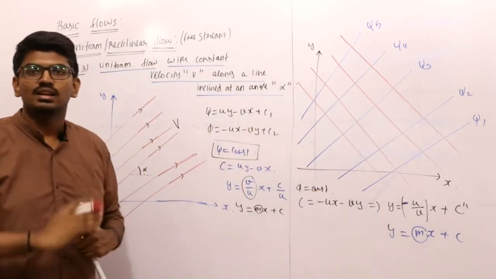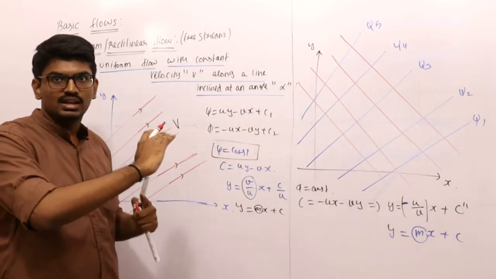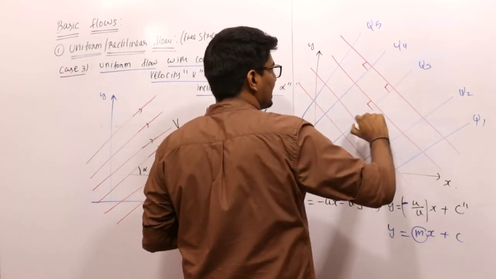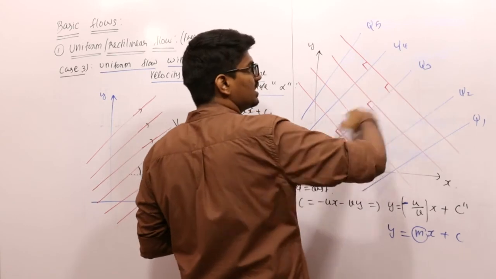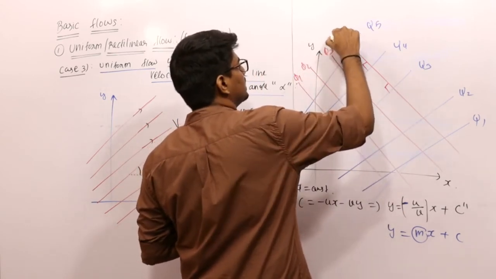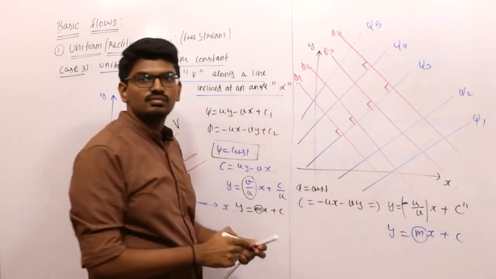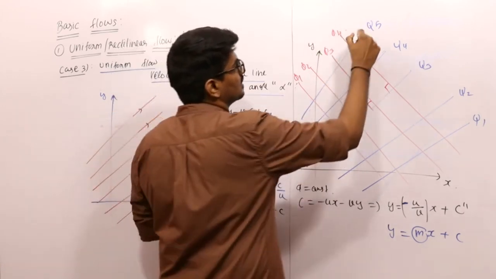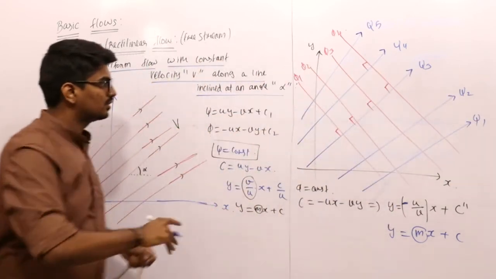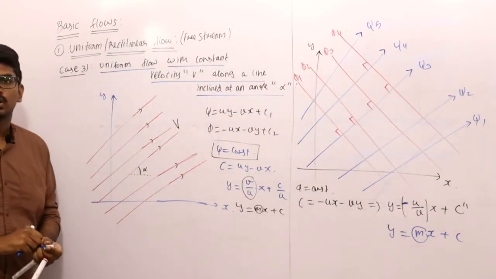Again, it's a straight line but negative slope, and it's going to be perpendicular. So phi 1, phi 2, phi 3, phi 4. And we know that this represents direction of the fluid flow also as such here.